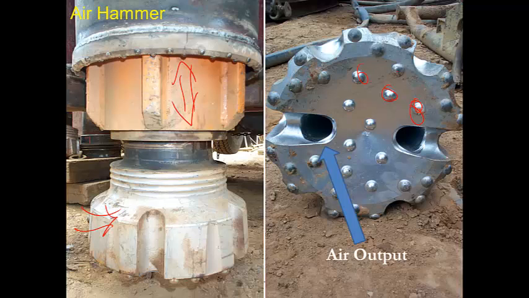And this bit is rotated slowly so that these carbide buttons progressively are hammering on new material. And then the air comes out here and brings the cuttings up.